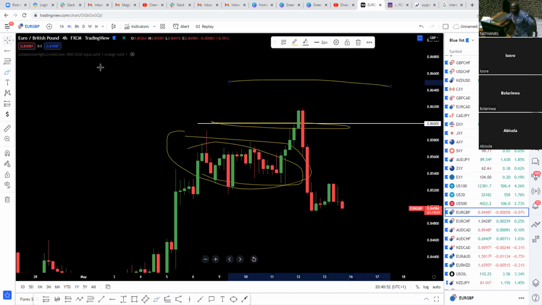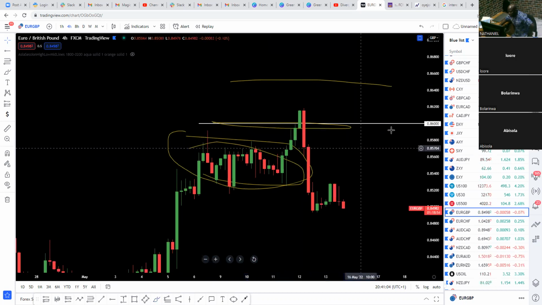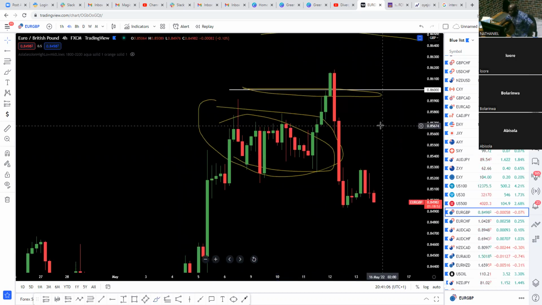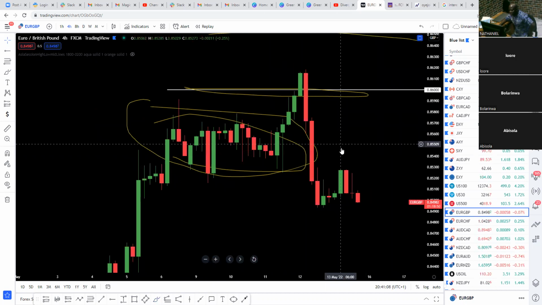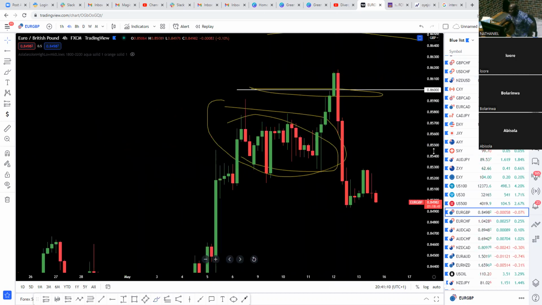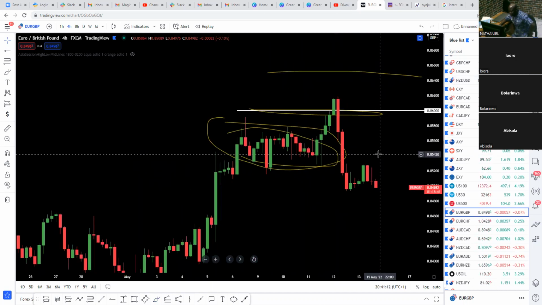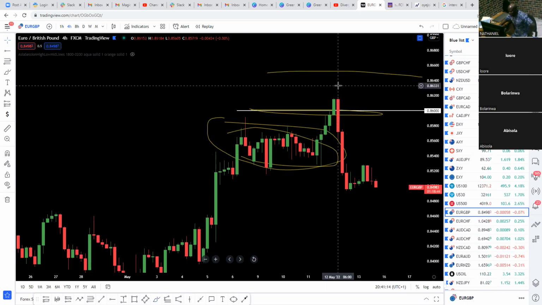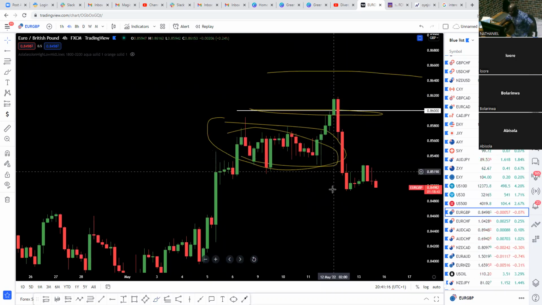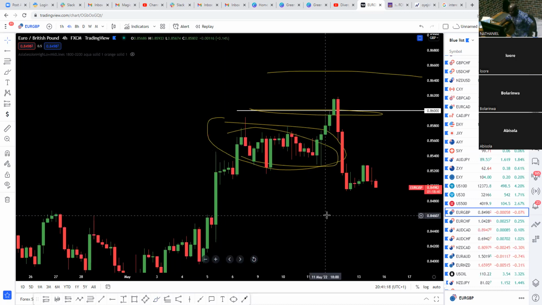Because I look at it, when is this breakout happening? This is 2 in the night. So the liquidity was caught at the Asian session, right through to the middle of London.